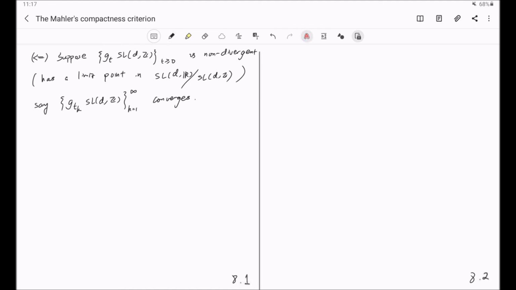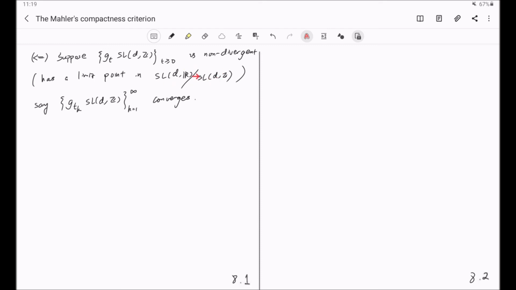It follows that because a convergent sequence in this quotient space is always precompact. This is a fact in general topology. You just take a neighborhood of the limit of this sequence that contains all but finitely many elements in this sequence.